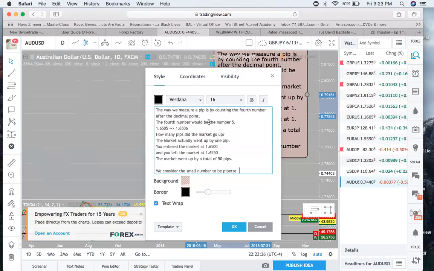So that's the reason why it's a smaller number. We just disregard it altogether. We don't really want to focus on the pipette as much. We want to focus on the pips, because the pips is what's gonna accumulate your profit at a more upscale pace. The pipette is just a fraction of what a pip is.